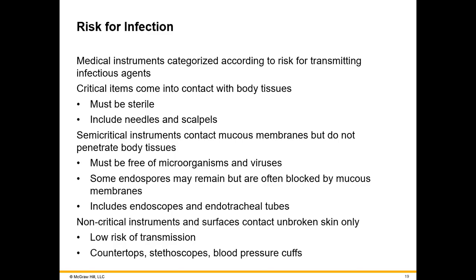These also must be, of course, free of microorganisms and viruses. Some endospores may remain, but are often blocked by mucous membranes, so they do not penetrate the tissue. For that reason, the classification here is somewhat lower than that of the critical items. These can include things like an endoscope or endotracheal tubes.